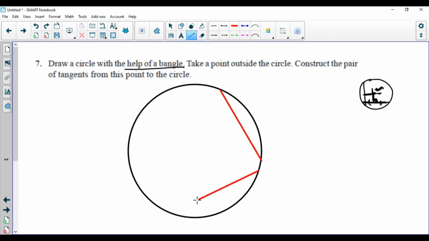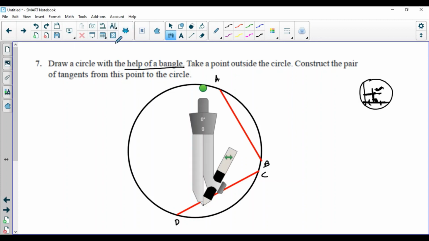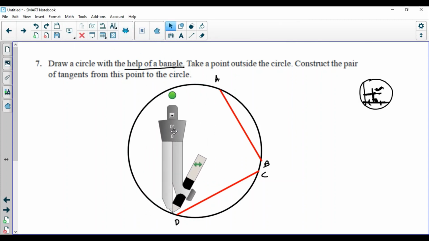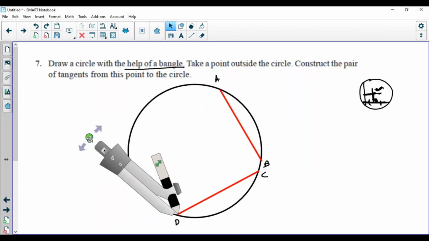This is one chord and this is another chord. Suppose we name them AB and CD. The next step will be to draw the perpendicular bisector of both chords, and definitely they will meet at the center.